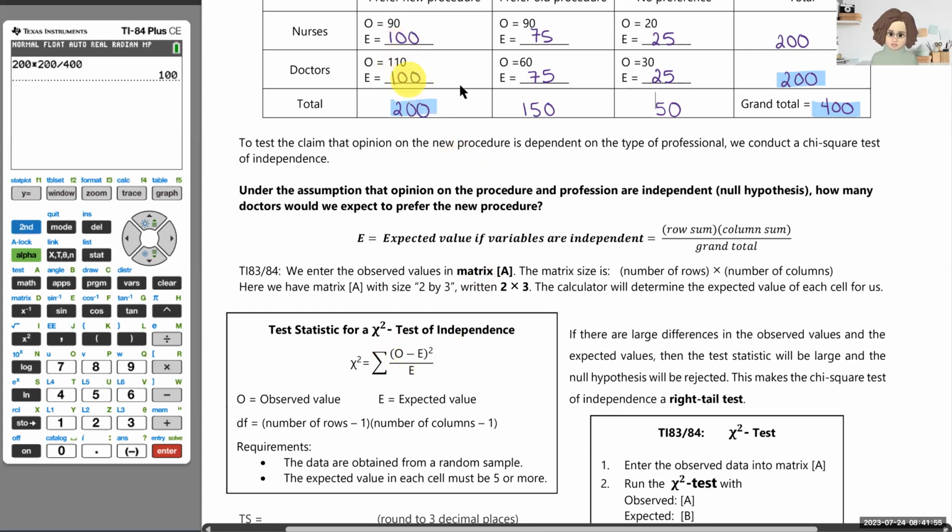In each of these cells, we would have observed minus expected, and it gets squared, and there's some division here, and that sigma there means we would do this process for each cell of the table. So the by hand formula is shown for reference, but I'll show you how to get this on your calculator. We'll go back to our chi-square distribution, and I'll show you graphs coming up, but let me get you through the details on the calculator.